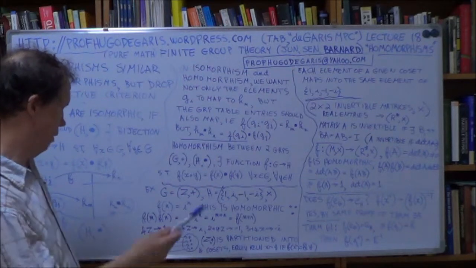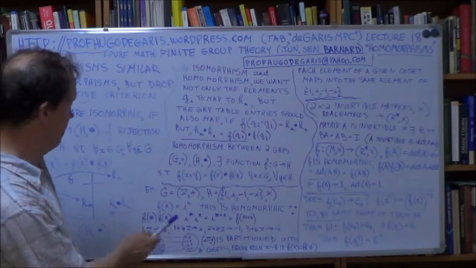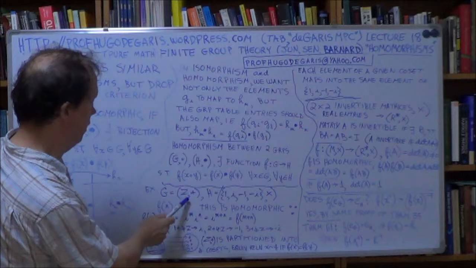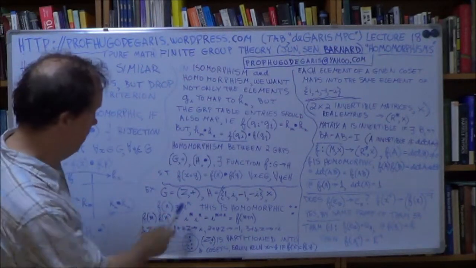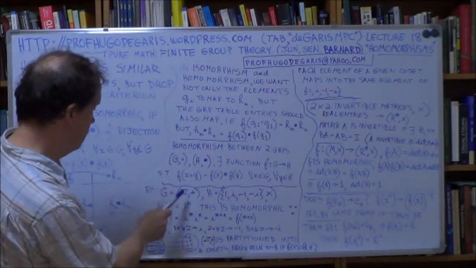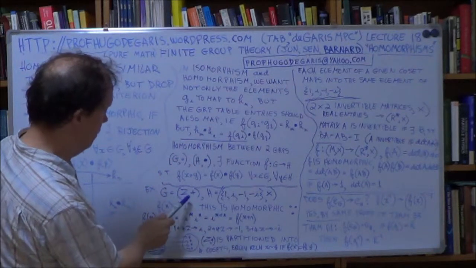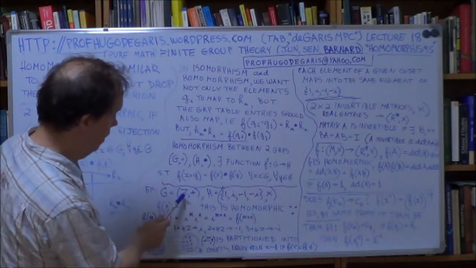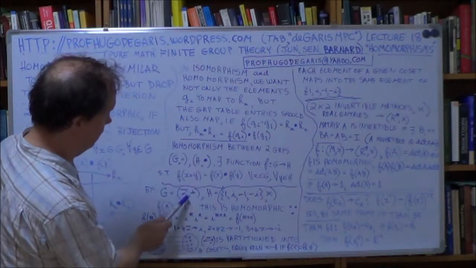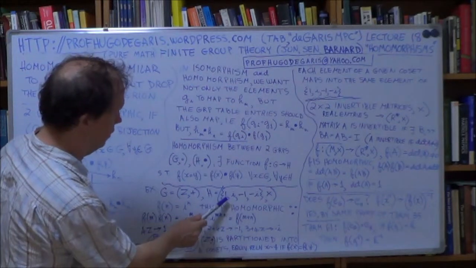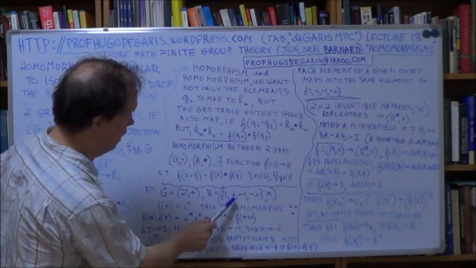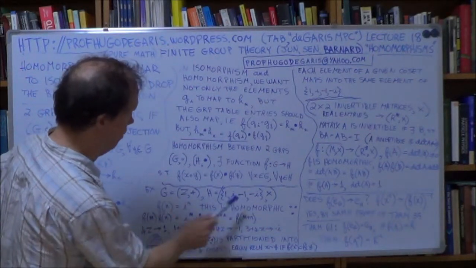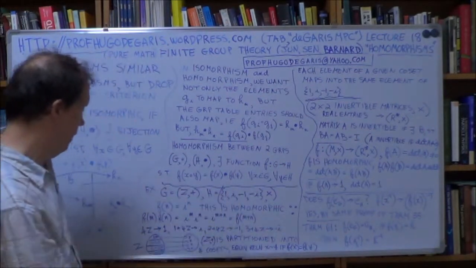Now, if you want a little bit of analysis, you may ask: this is an infinite set, the set of all integers, Z. Which subsets of Z map to 1, which map to i, which map to -1, and which map to -i?